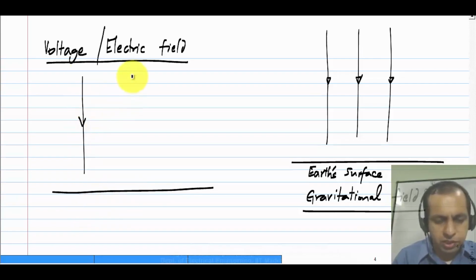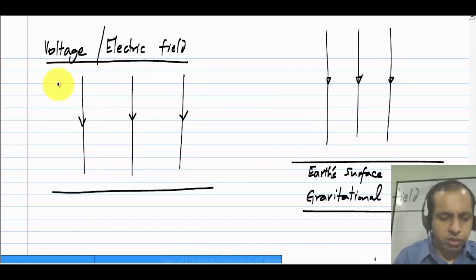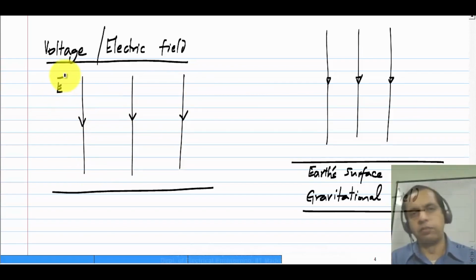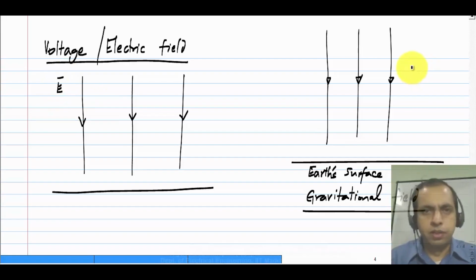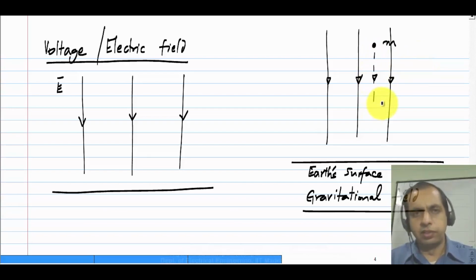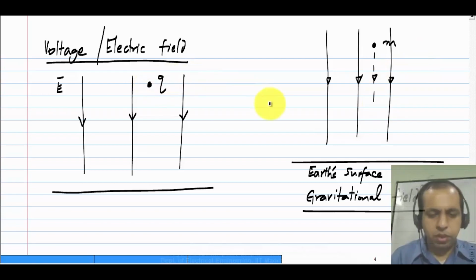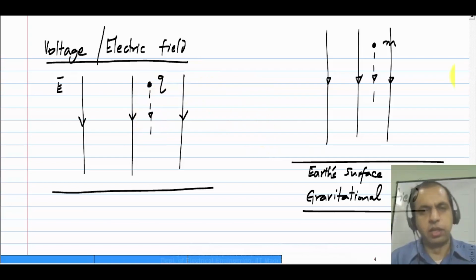We won't worry about what it is. I'll just show it in downward direction because I showed the gravitational field in the downward direction. So let's say this is the electric field. Now we know that if we place a mass m in a gravitational field, of course it falls in the direction of the field accelerates it. Okay. So similarly, if you place a charge q in an electric field, it will be accelerated in the direction of the electric field. Okay.